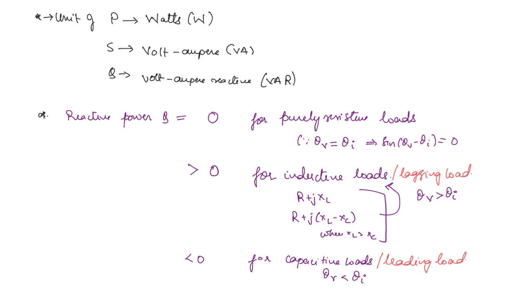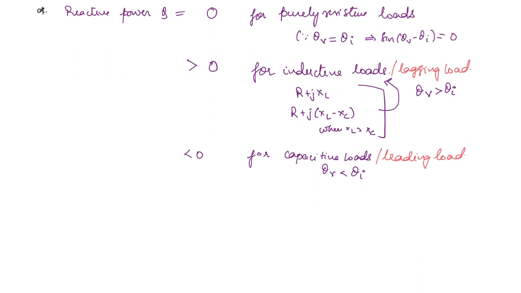So theta V minus theta I will be less than 0, and sine of theta V minus theta I will be less than 0, making the reactive power less than 0. So depending on the sign of the reactive power, you can decide whether it is an inductive load or a capacitive load, or if it is 0, then it is a purely resistive load. Now another point is, we have seen the impedance triangle. Similarly, we have a power triangle.